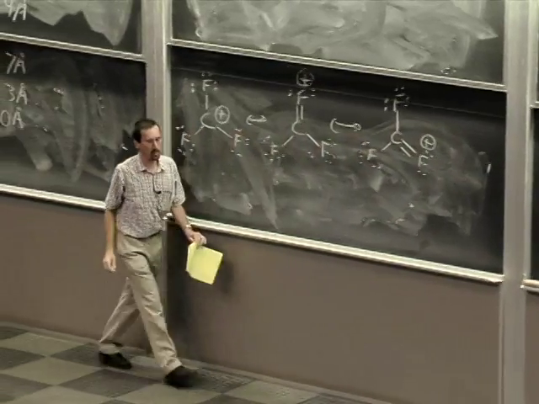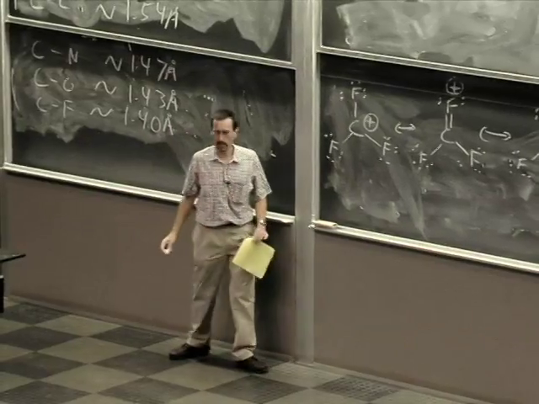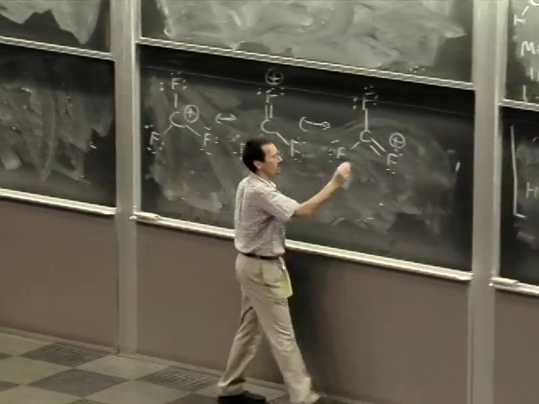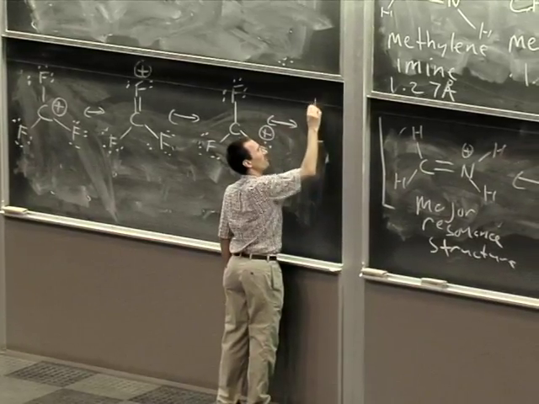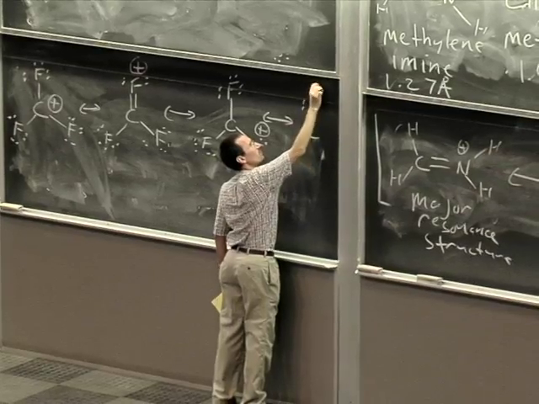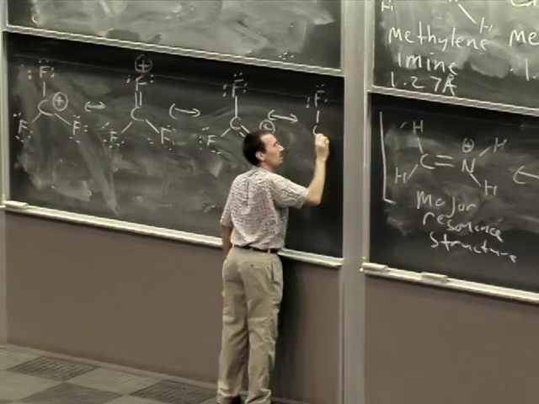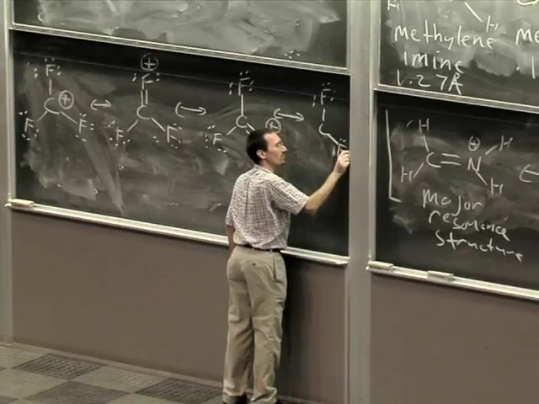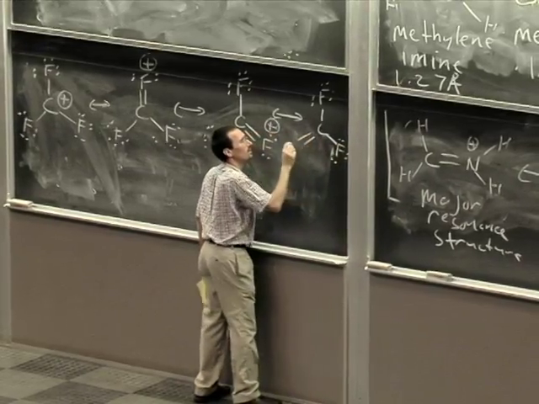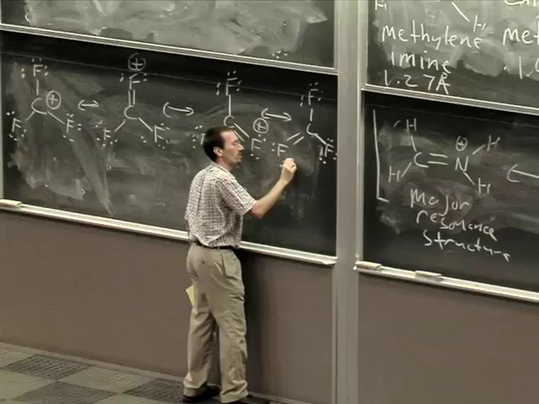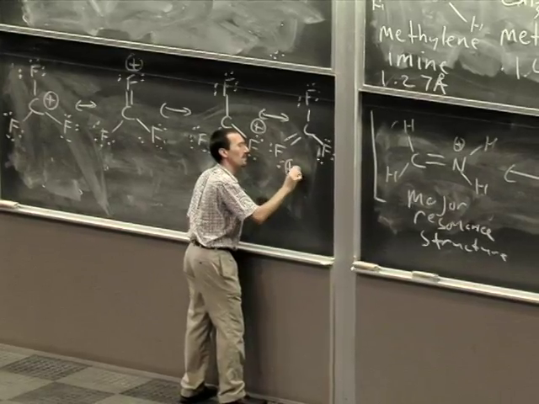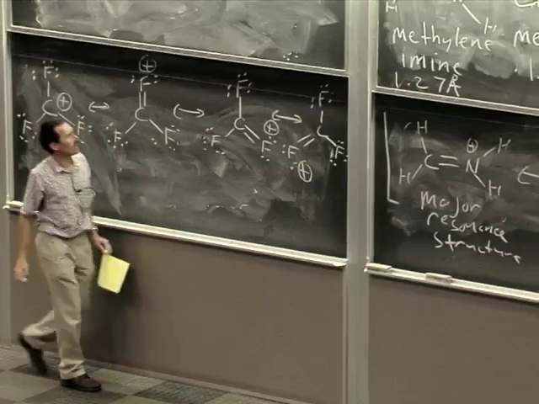One where I have a double bond to the fluorine on the right, and another where I have a double bond to the fluorine on the left. And I realize things are a little bit cramped on this blackboard. So single bond to the fluorine on the right, double bond to the fluorine on the left, and a positive charge on it.